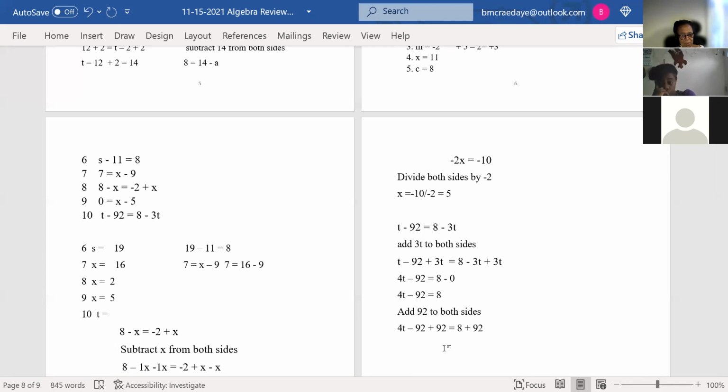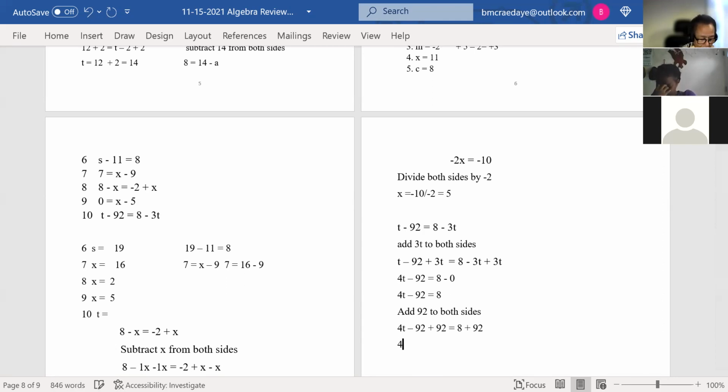What's the left side, Maureen? What's that equal to? What's a minus 92 and a plus 92, Maureen? 0. You have 4t minus 0. Minus 92 plus 92, like Vanessa said, that's 0.